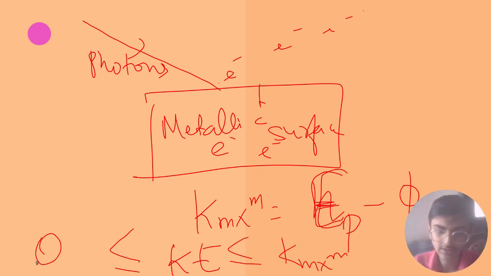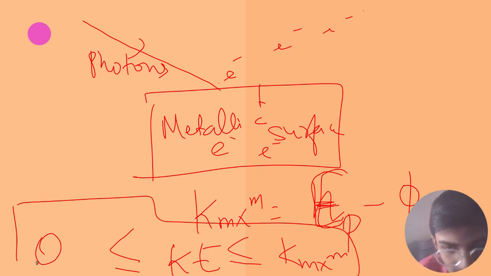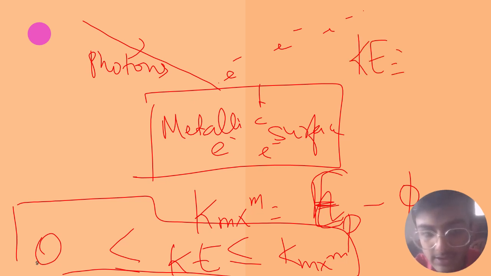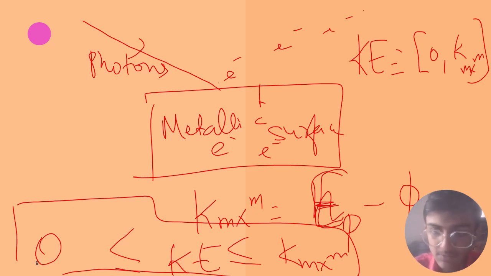See, two things are there. One is the collision factor, and second is your condition, whether E_photon equals phi or E_photon is greater than phi. So this kinetic energy belongs to a range of 0 to K max. It can be 0 also, it can be K max also, it can be between them also.